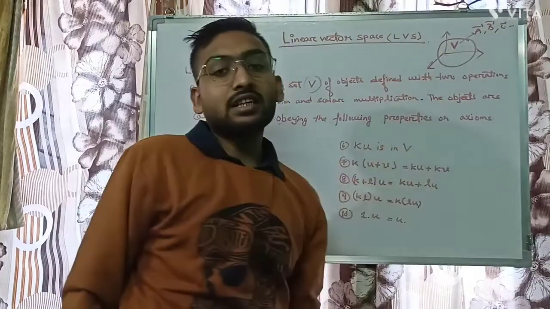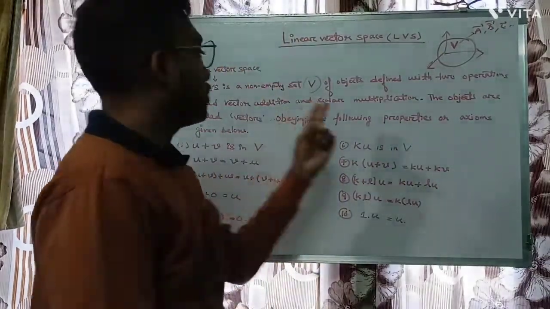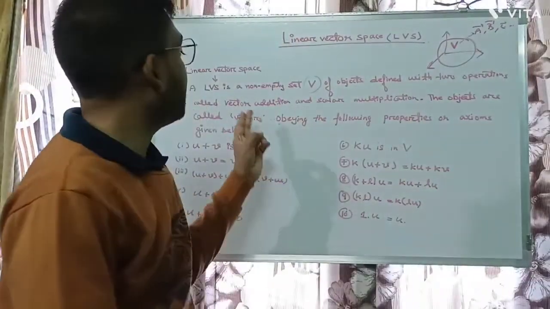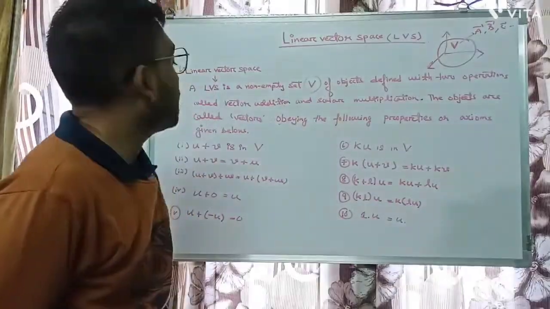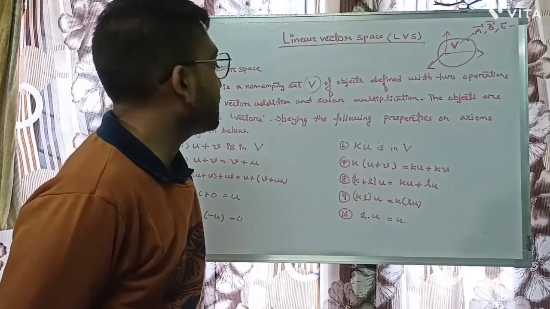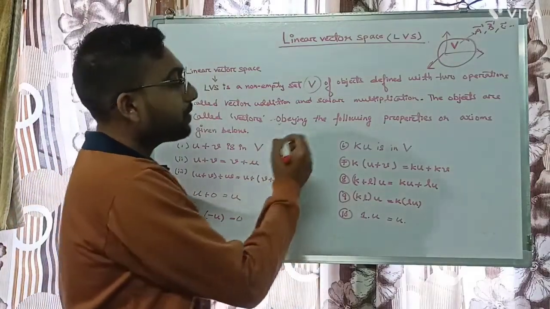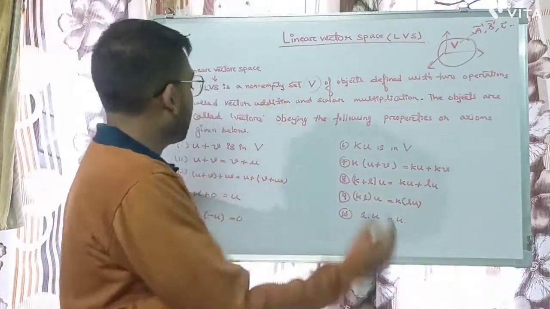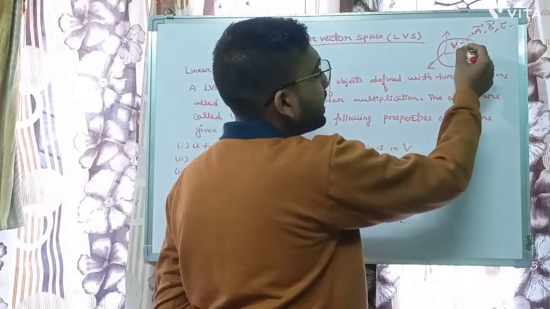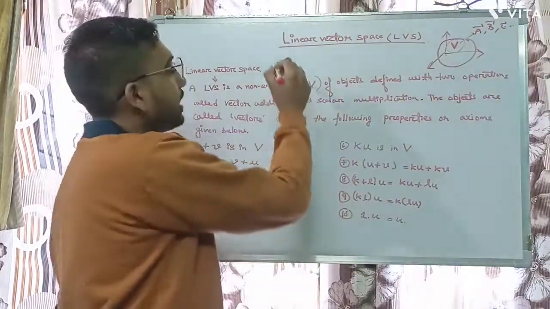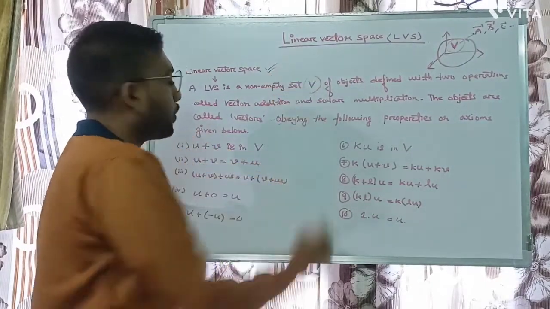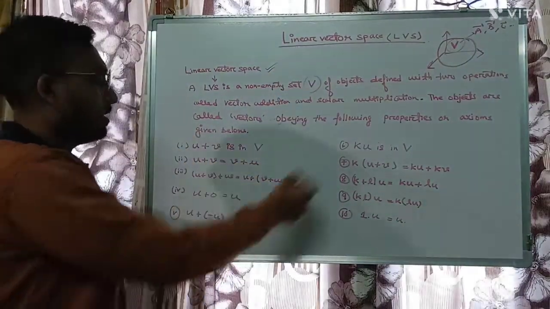Then the vectors must follow two laws, the operations of vector addition and scalar multiplication. So we have some properties that the vectors inside this set must follow to be called a linear vector space. The properties are these.